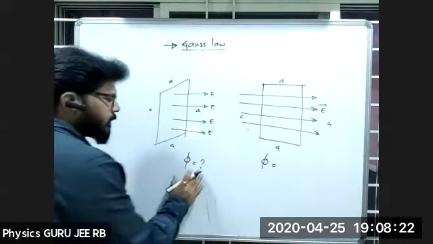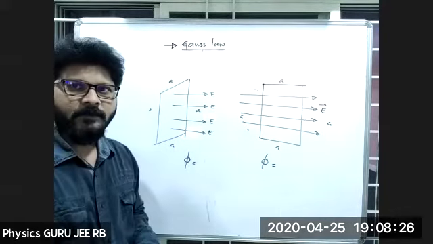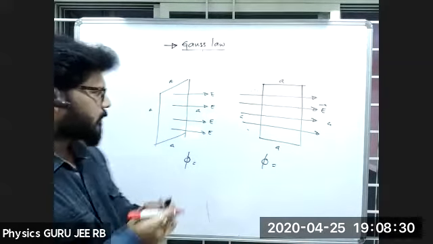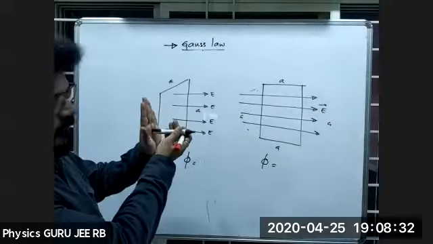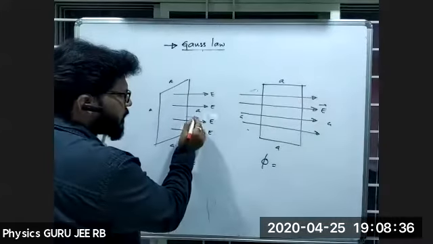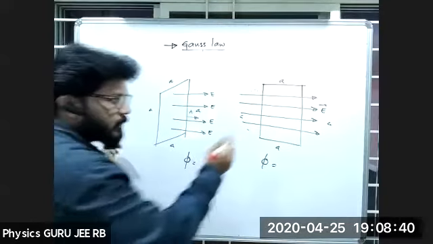See here, let me take the first one. Whenever you want to find the flux, just find the area vector. The electric lines are coming out, and the direction of the area vector is the outward normal.